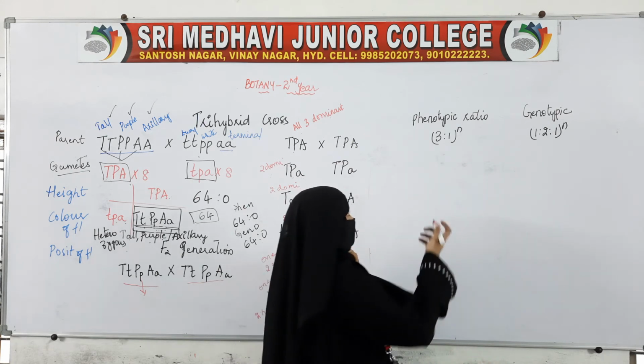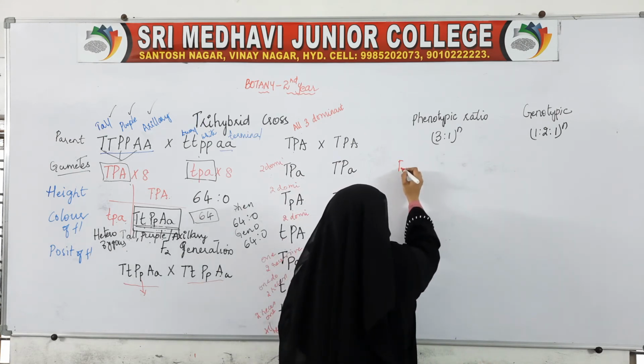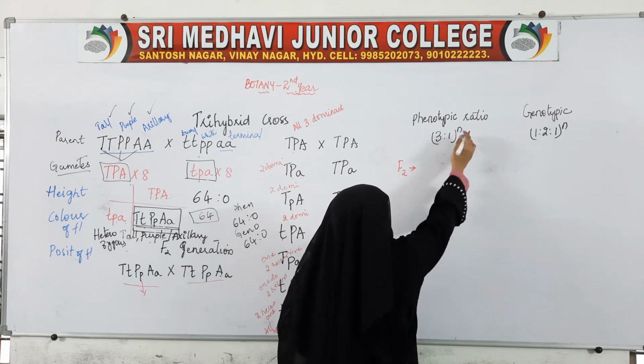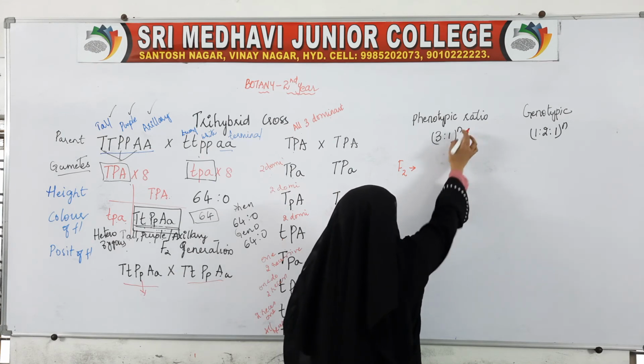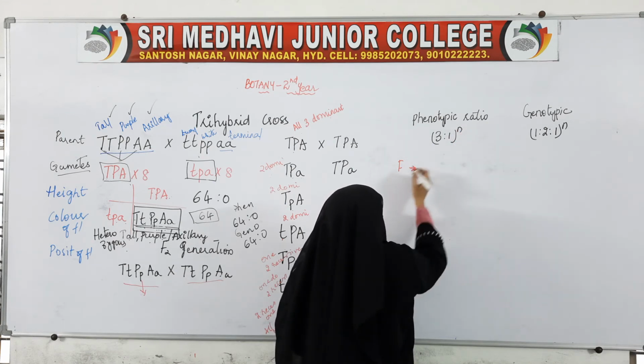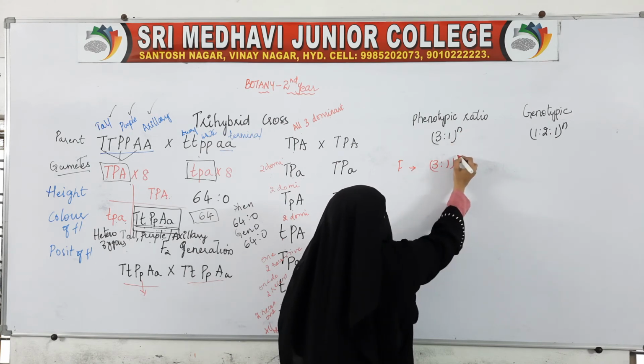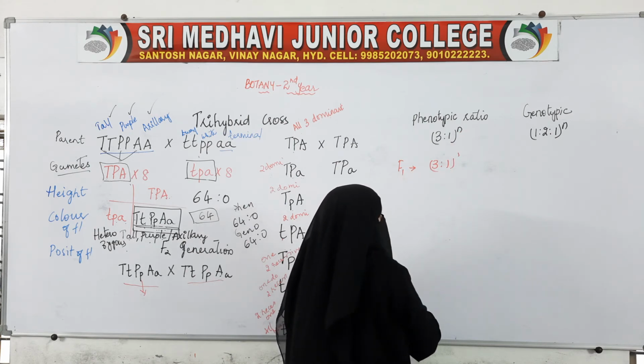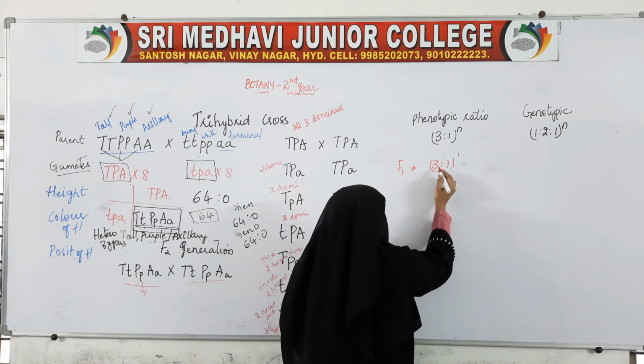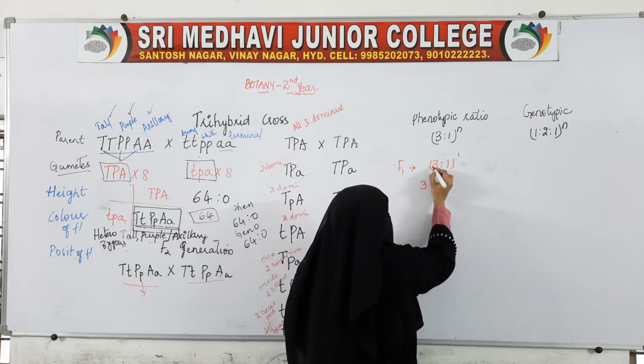So in the F2 generation, what do we get? If we take the first generation, 3:1 to the power of 1 means 3 ones are 3, 1 into 1, 1.